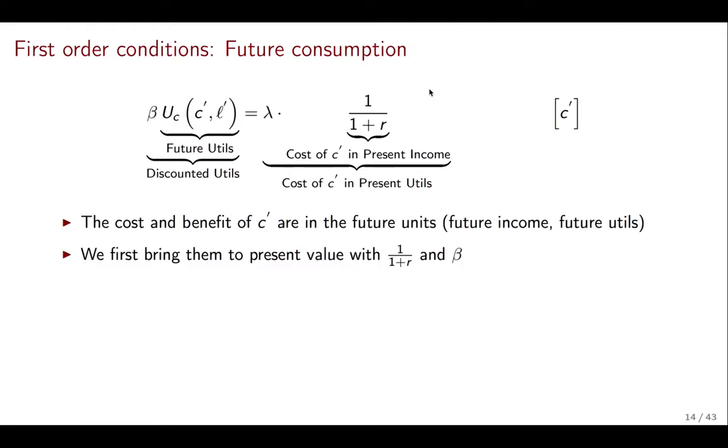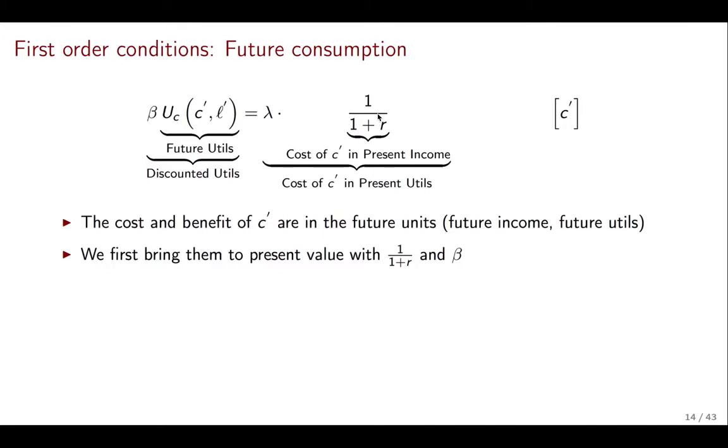There is a 1 here implicitly multiplying 1 unit of income tomorrow. But 1 unit of income tomorrow is priced at 1 over 1 plus r units of income today. So this is the cost of future consumption in terms of present income once we discount it.